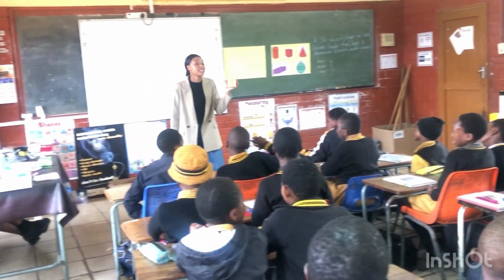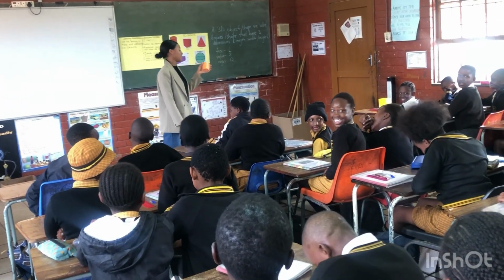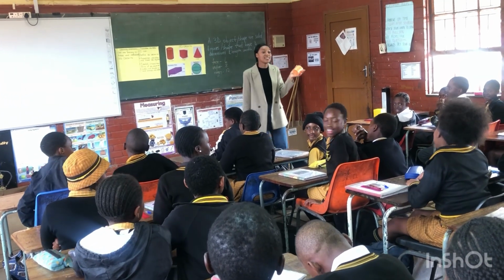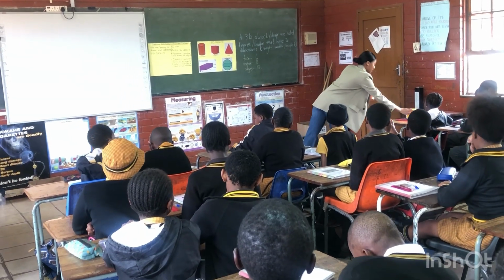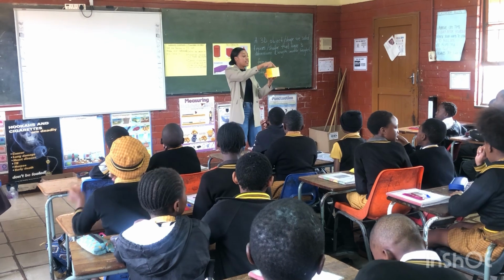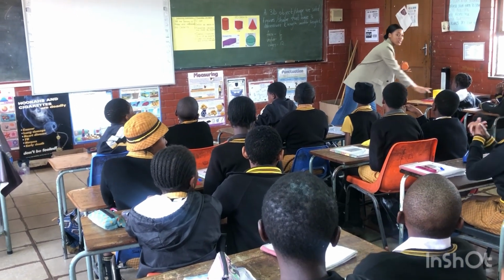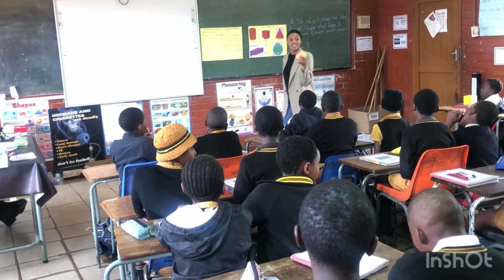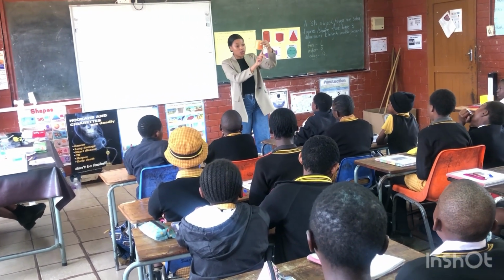Khanyisile. Remember the edges. These are the edges, right? Which is correct. It has two edges. You are not sure. So this one, right? Two.